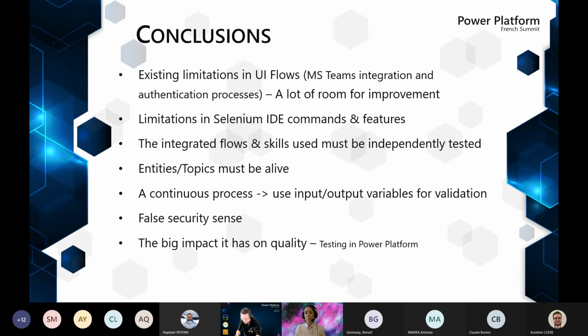The entities and topics in a chatbot must be alive. And that means you must continue improving your testing. Each time you make a change on your chatbot, you have to ensure that your UI flows are still successfully running and you don't have to arrange anything. And if you have, then you have to arrange it.